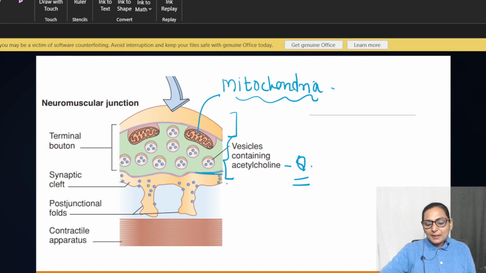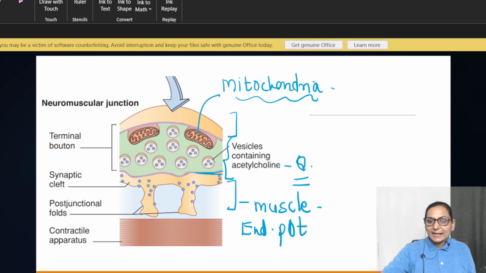Postsynaptically, you can see the postsynaptic portion, which is called the muscle end plate, and therefore the potential that develops at the NMJ is called the end plate potential. Okay, it is called the end plate potential. It is thrown into folds, right?